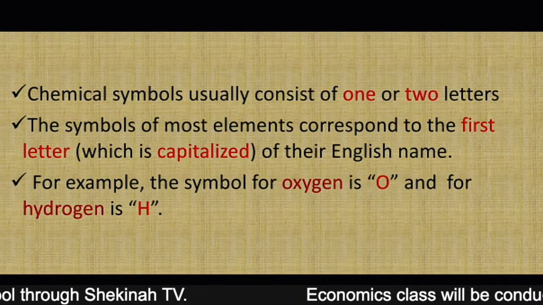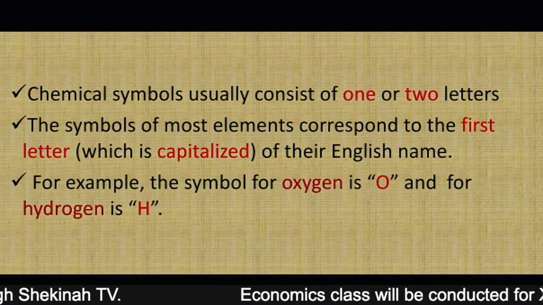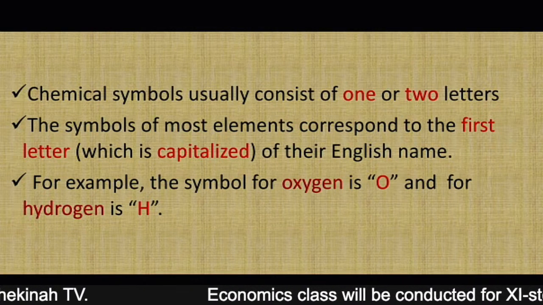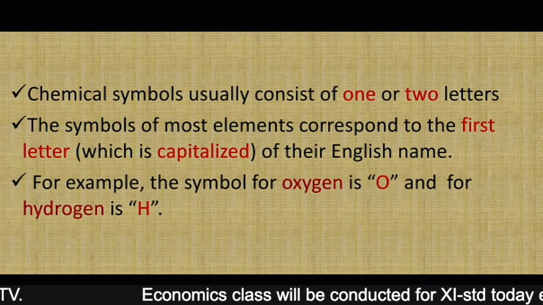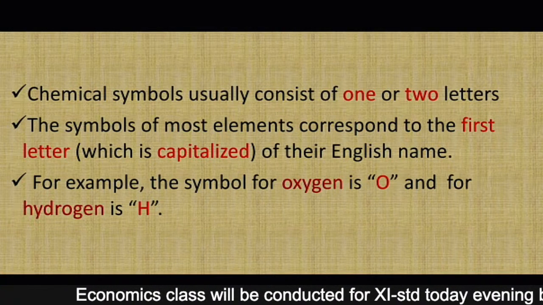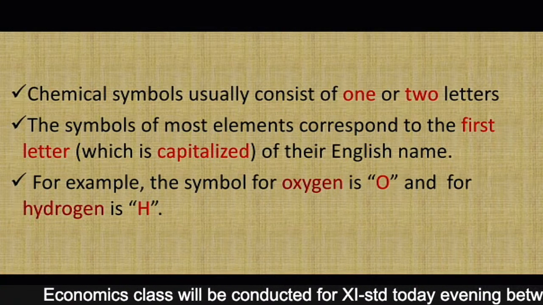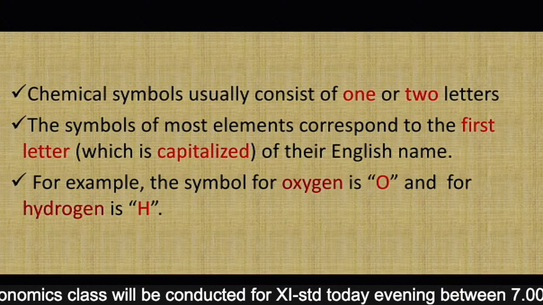That is the first rule. Okay? Second rule. The symbols of most elements correspond to the first letter, which is capitalized, of their English name. For example, the symbol for oxygen is O and for hydrogen is capital letter H.